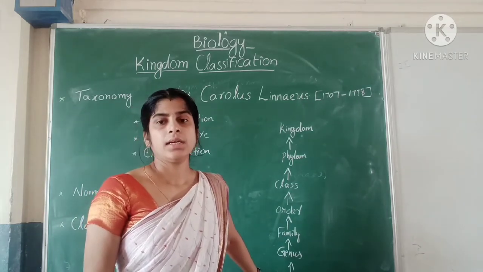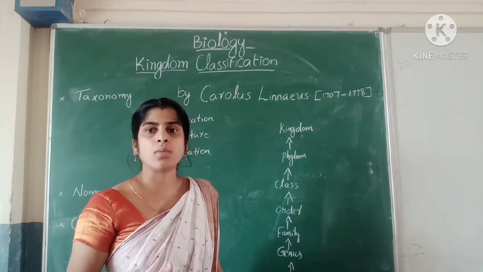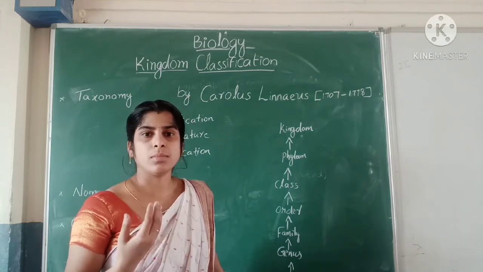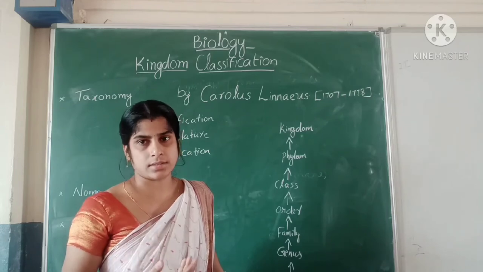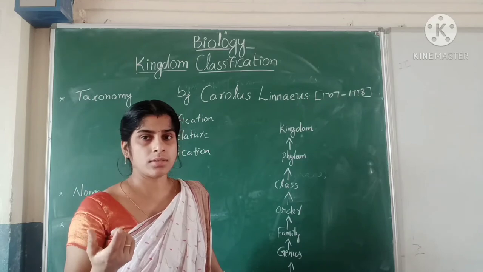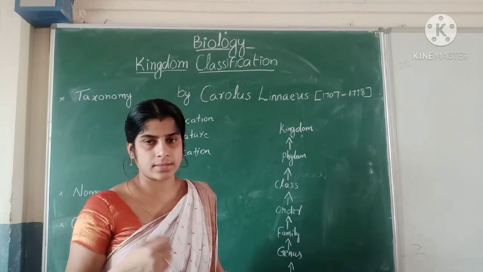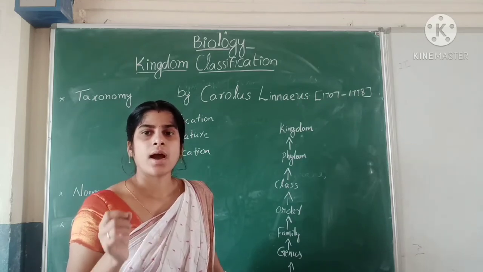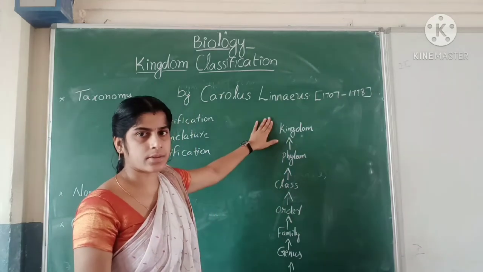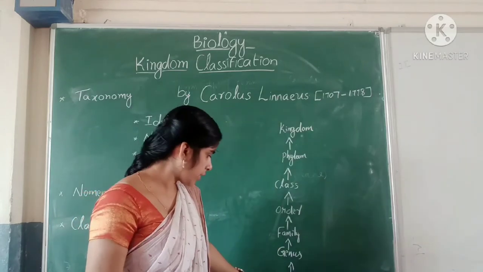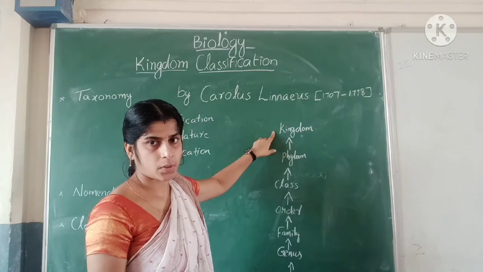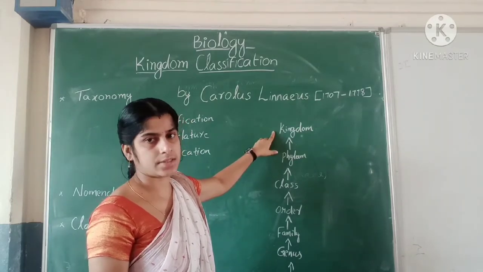This organization goes from broad categories to smaller, more specific categories, which is called a hierarchical system, small to big.